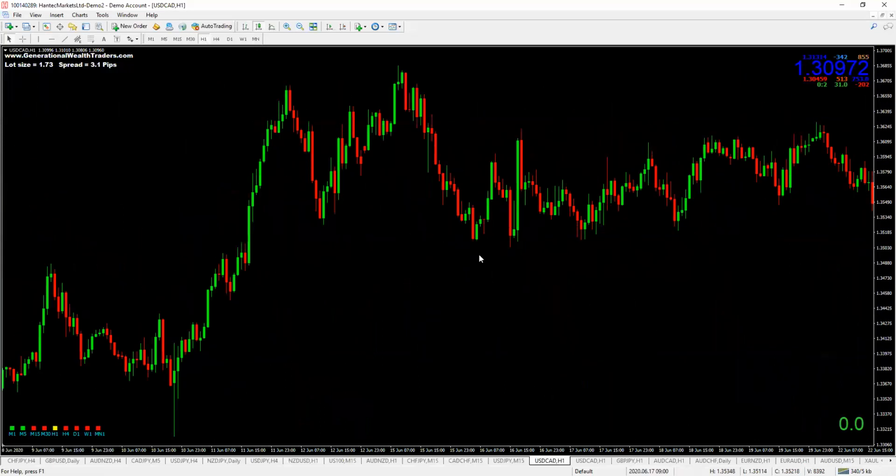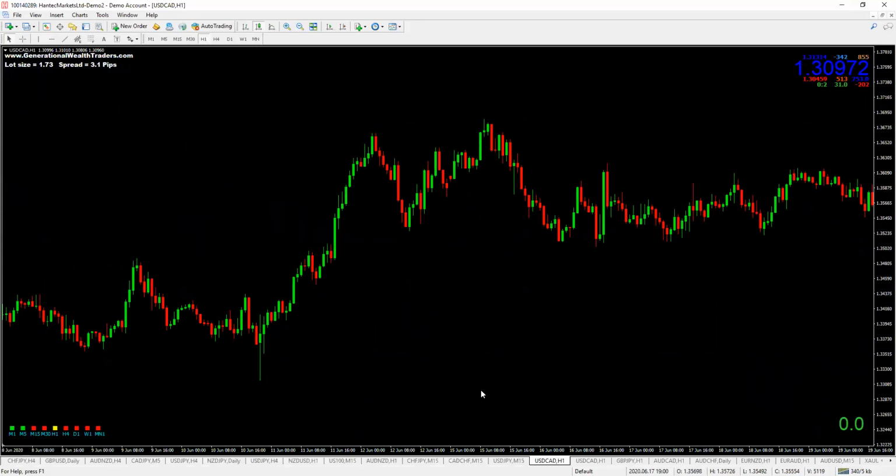You can identify this as a low, a high, a low, a high. So the highs and the lows is what constitutes structure.